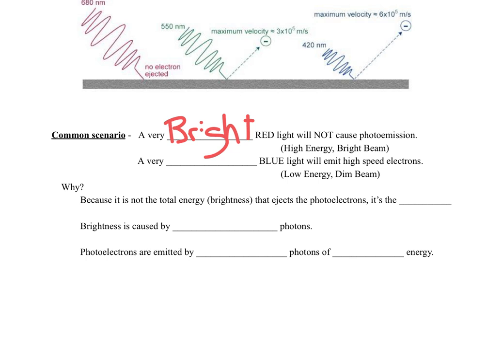So the second thing here is a very dim, let's just switch to a different color to keep in sync with the colors here. A very dim blue light will emit electrons. What do I mean by dim blue light? Dim means there are few photons. So it's like a flashlight that's blue, but very dim.